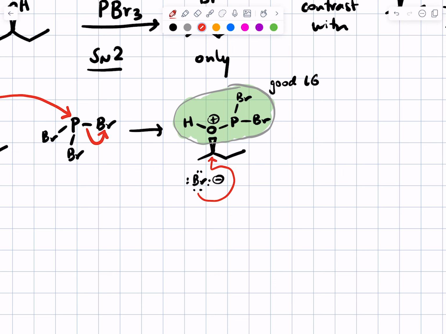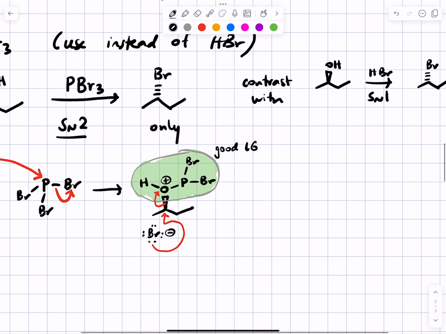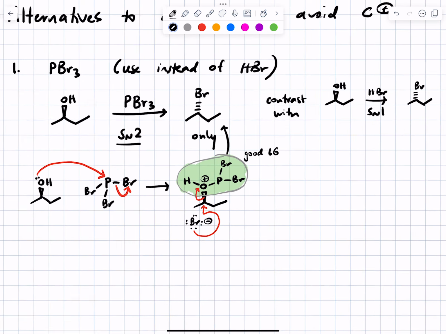You might ask, why is that the case? Why does the leaving group of water just pop off when we use acid, but for PBr3, when we have that strange looking leaving group, why does it wait for the nucleophile to attack? I don't know. Other than the people invented this reaction, found that it works. So bromo attacks, the leaving group leaves, and that gives you your desired product.